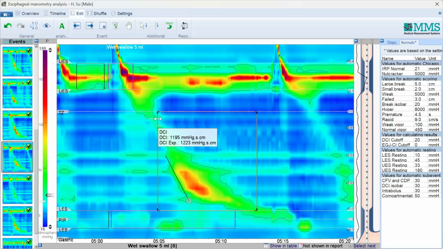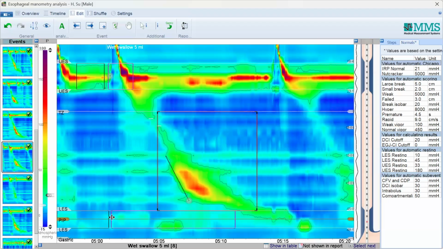So if I am just reading the numbers, I am not sure that the DCI box and the IRP box are placed in the right position. But if I am sure that the technician who did the recording and the reporting is reliable, I can rely on this. Otherwise, I don't recommend relying on it.